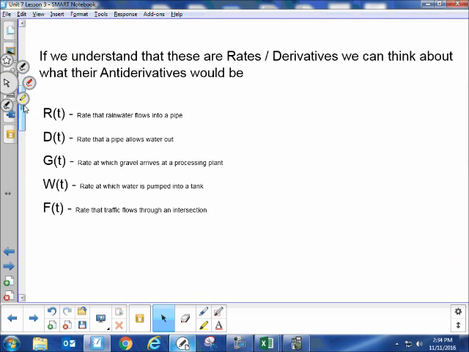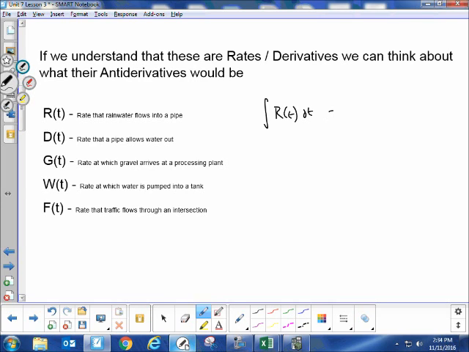Well, if we understand that these are rates or derivatives, we can think about what their antiderivatives would be. So like if I have R of t, the rate at which rainwater flows into the pipe, and I took the antiderivative of R of t, maybe don't give me a letter, but tell me what it would mean. It would be a total amount, yes.